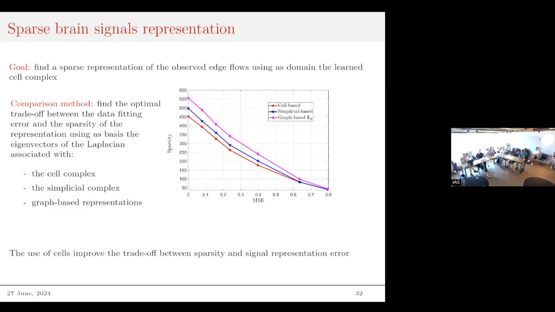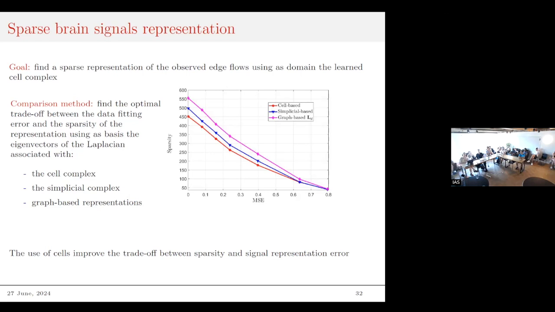So you say the most efficient trade-off between the fit and the sparsity is the cell complex. The trade-off is evaluated for the cell complex, the simplicial complex, and the graph-based representation. And you say the best is the cell complex. Okay.